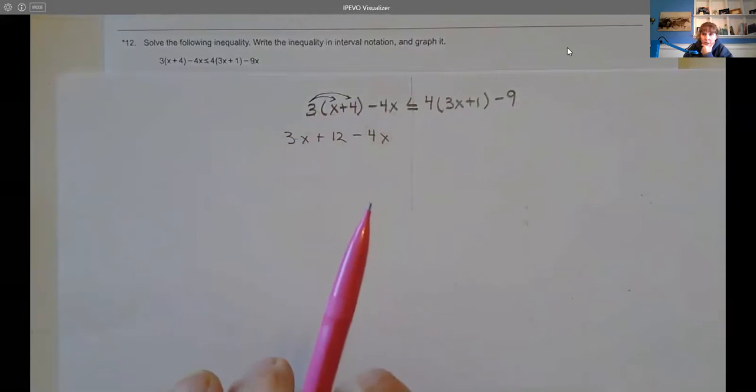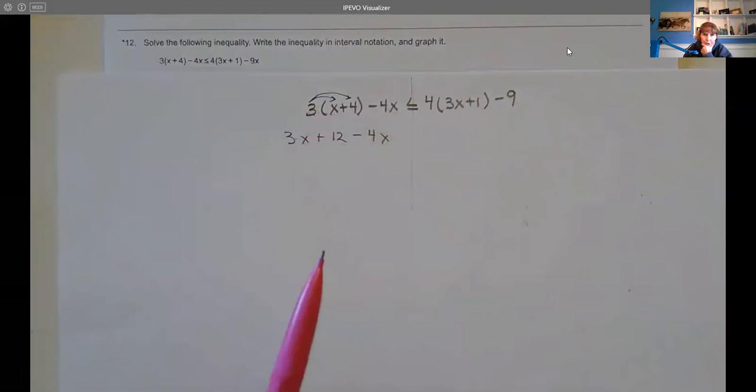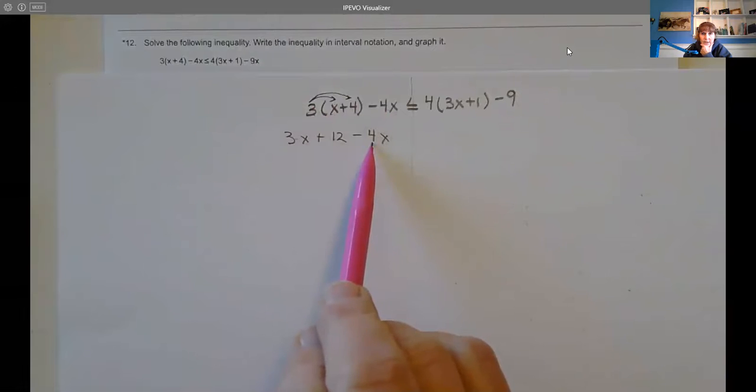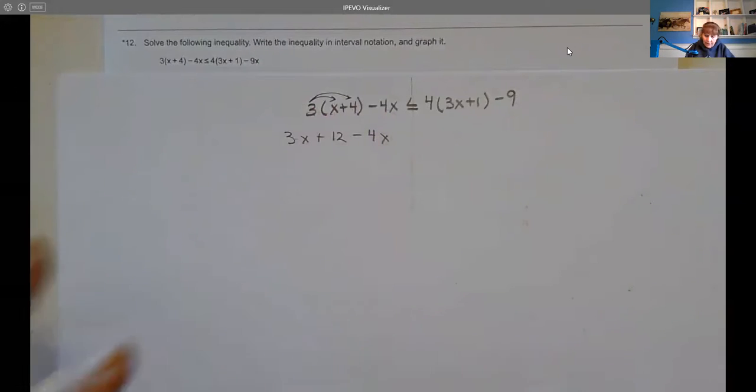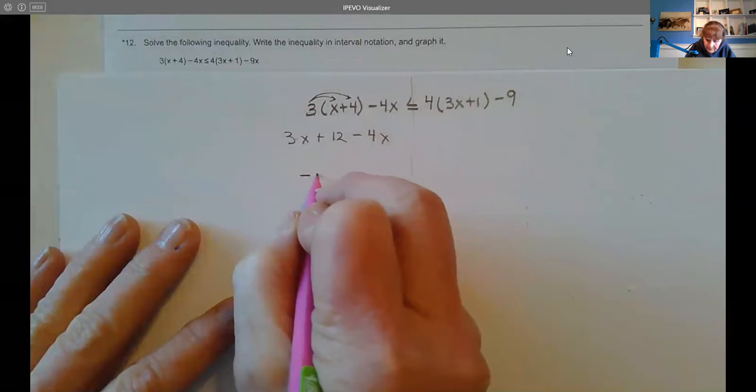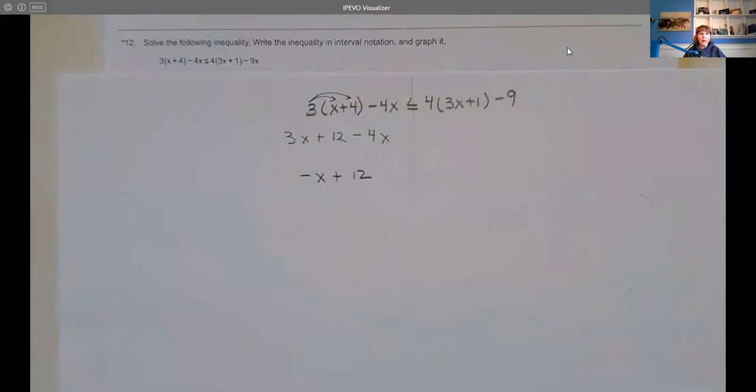Let's look at our like terms, and we've got a couple of x's here. We have a 3x and a minus 4x, which, when we combine those, gives us a minus 1x, or just a minus x, plus 12. Wow, so we're done on the left. That's all we can do. Let's move to the right and go through the same idea.